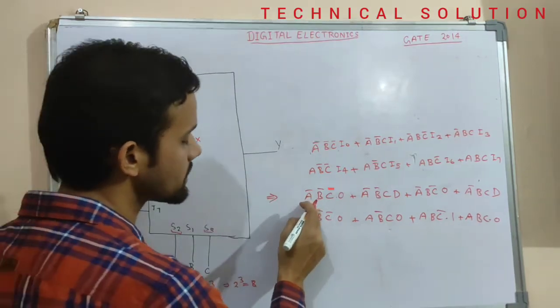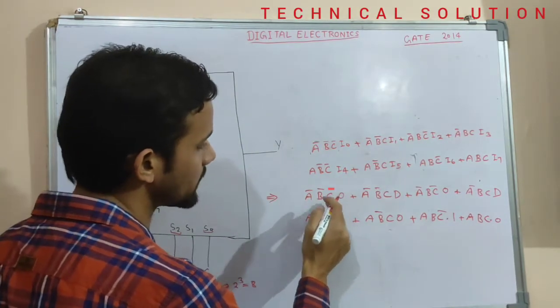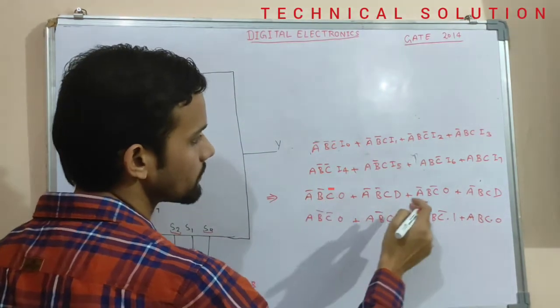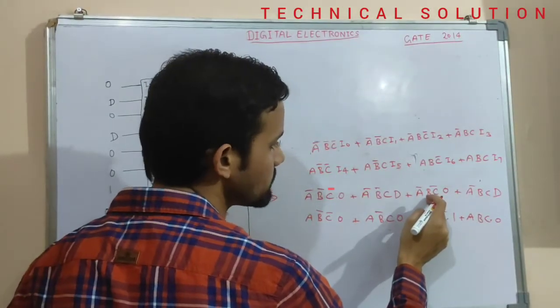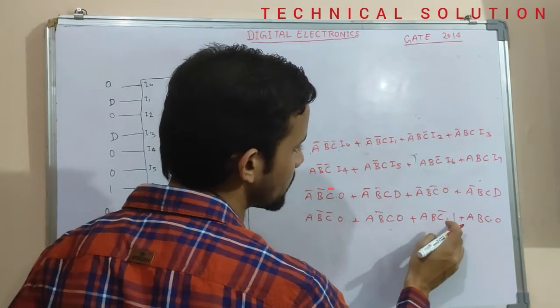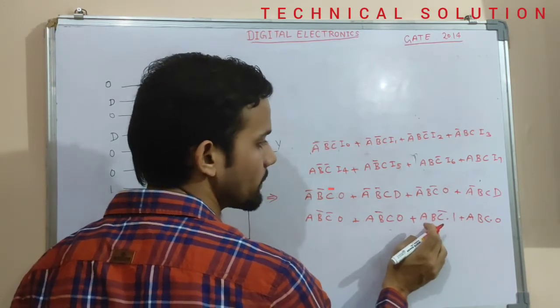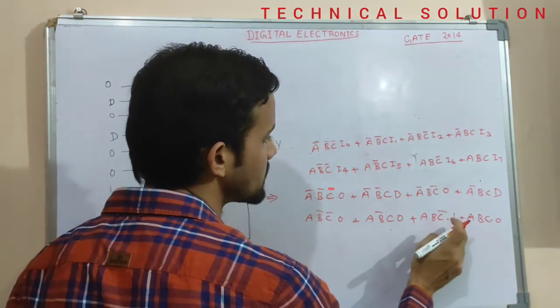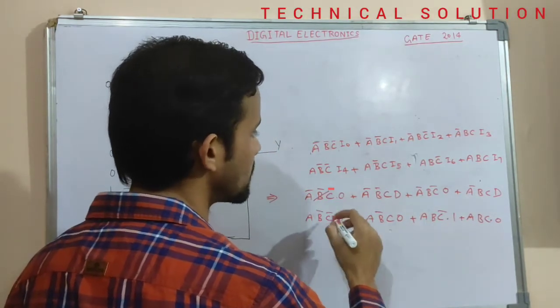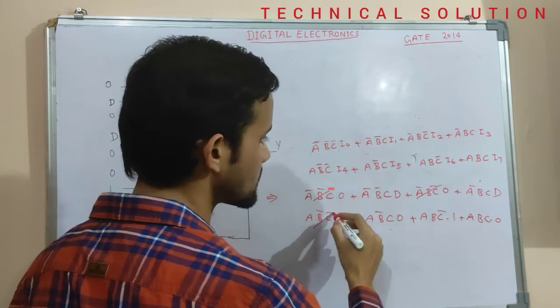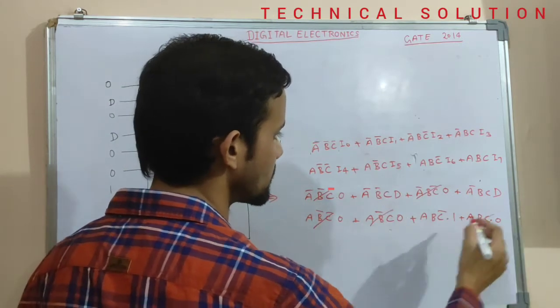If we multiply A bar, B bar, C with 0, then it will become 0. And if it is multiplied by 1, then it will become the same function. Okay. If A, B, C complement is multiplied by 1, then it will become A, B, C complement. So this cancels out, this cancels out, this cancels out, and this cancels out. This also cancels out.